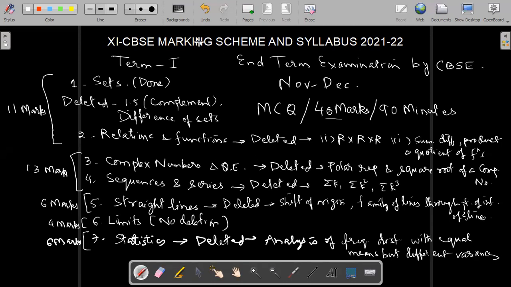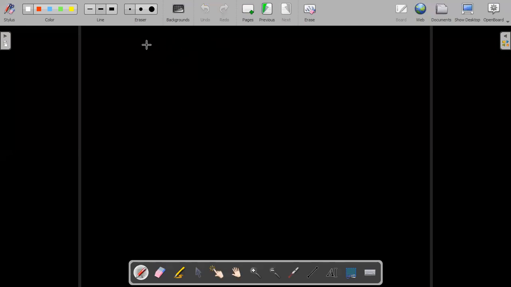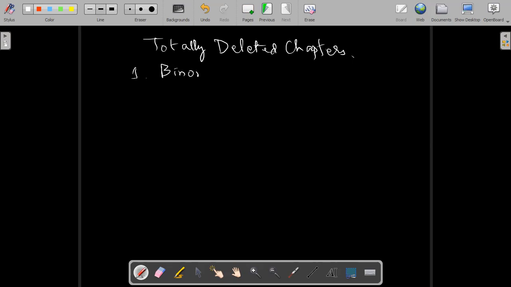This is all about the scheme of term 1, and some chapters are totally deleted. The totally deleted chapters this year from your syllabus are: number 1, binomial theorem, although you should study it because for competitive exams some chapters are very important.